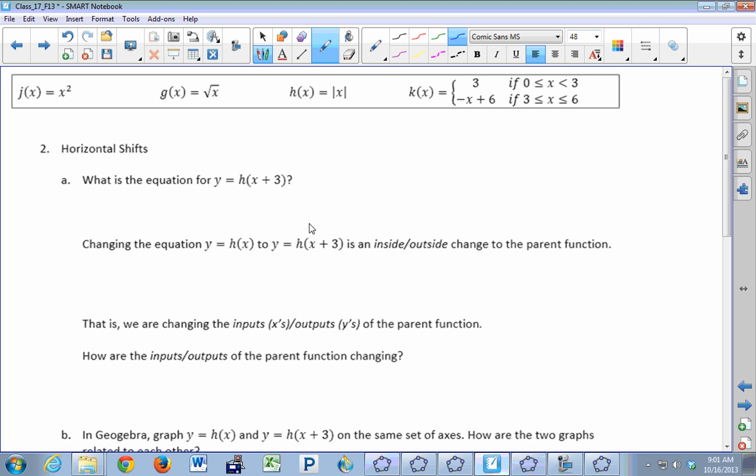So how are we messing around with the input now for this function? H of x says take the absolute value of x. So whatever the input is, you put right there in between the absolute value bars. So what will this new transformed equation look like?